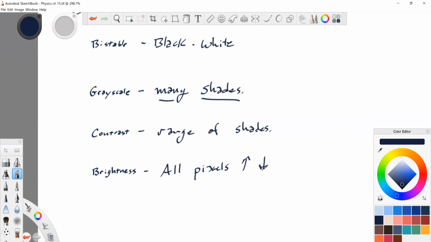I'm just going to say up arrow, down arrow, bright or not. You can see images on page 240. That is all I'm going to talk about with that.